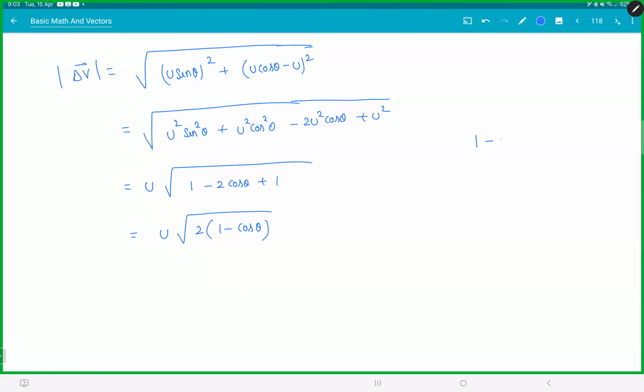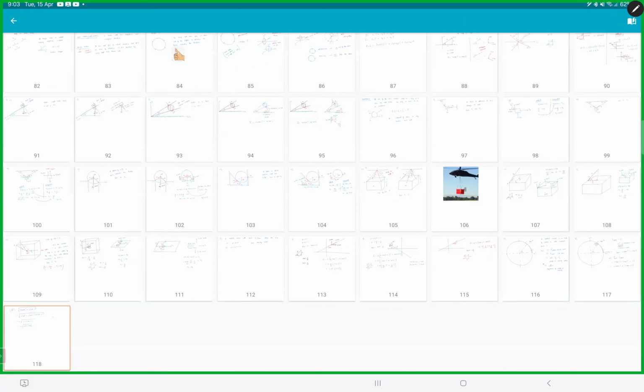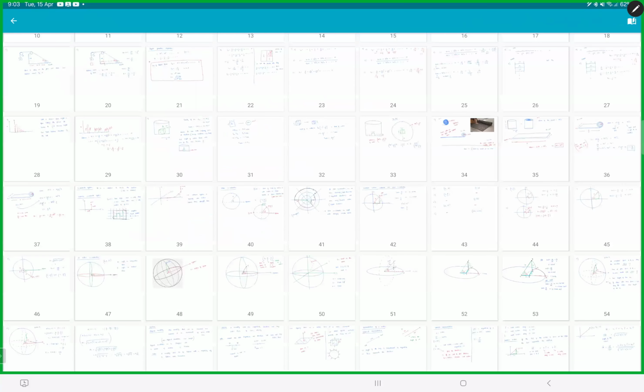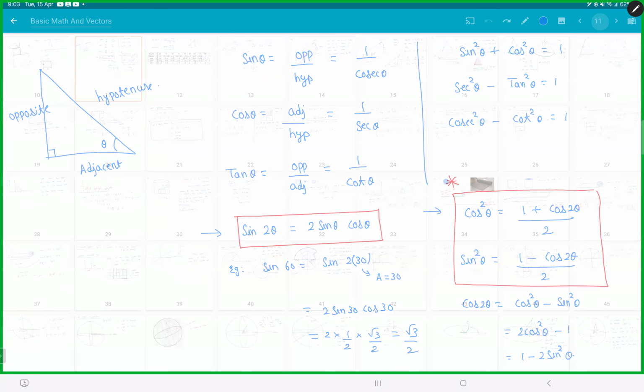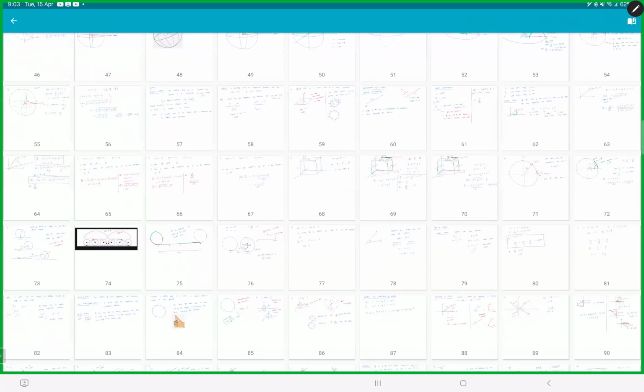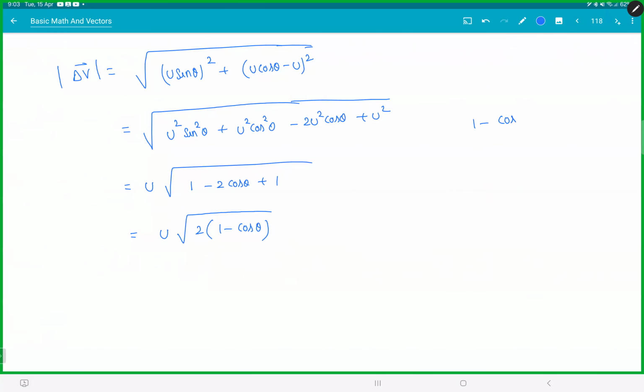Now you need to remember this result: 1 minus cos 2 theta. Go back to this result. Can you see this result here? 1 minus cos 2 theta by 2 is sine square theta. This is the result we are using. But here we don't have 2 theta, we have theta.